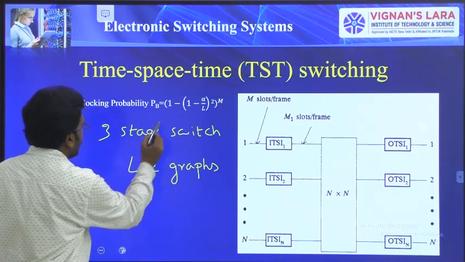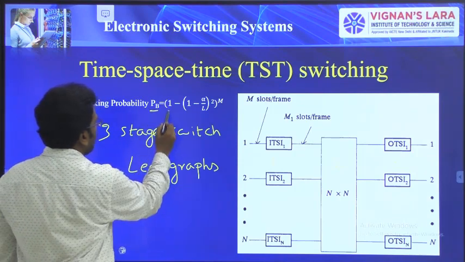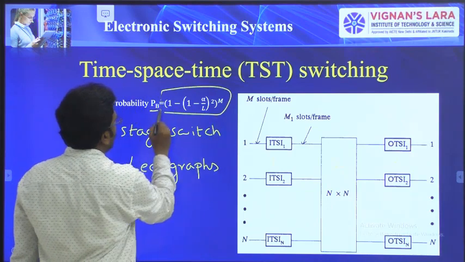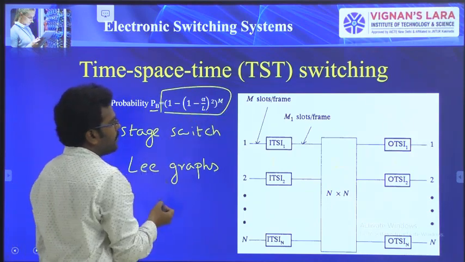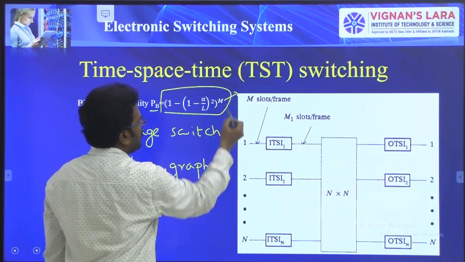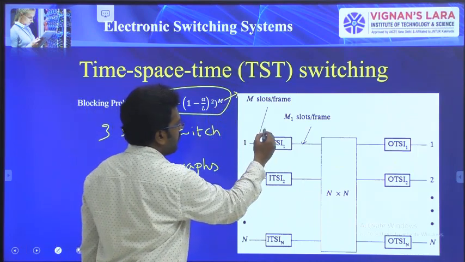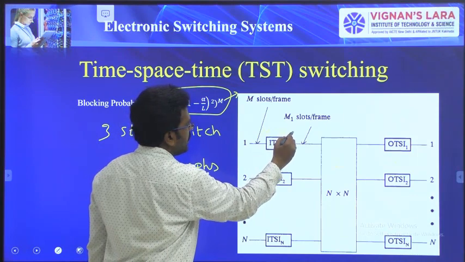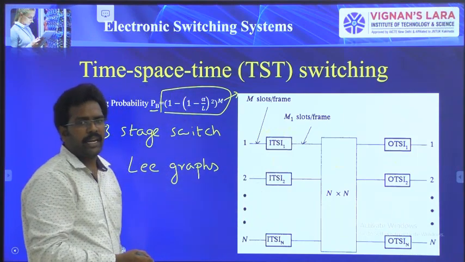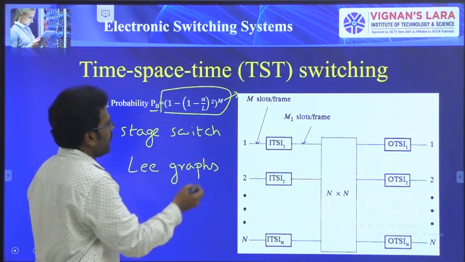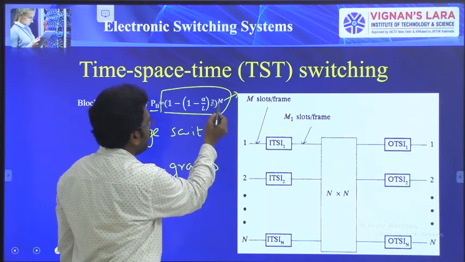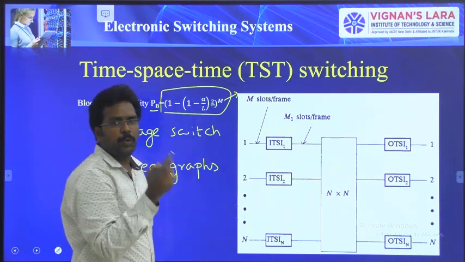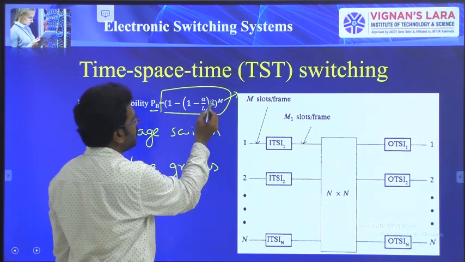The formula here is PB is equal to 1 minus (1 minus alpha by L squared) to the power M. M indicates the number of modules or number of slots, M slots per each TSI, so this is power M. For three stages it contains 2 links, so I have to use 2 here.